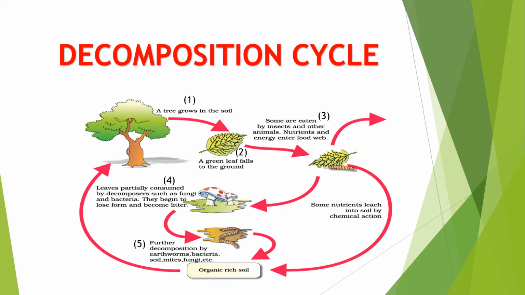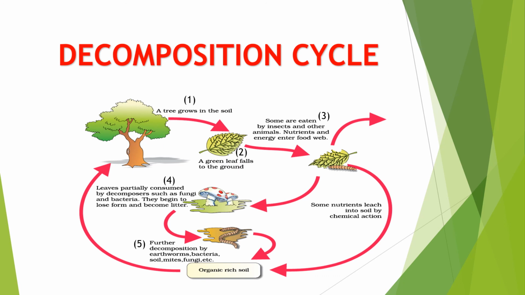You can see in the picture that a tree grows in the soil, and when a green leaf falls to the ground, some leaves are eaten by insects and other animals, and the nutrients and energy enter into the food web. The leaves partially consumed by the decomposers such as fungi and bacteria begin to lose form and become litter.